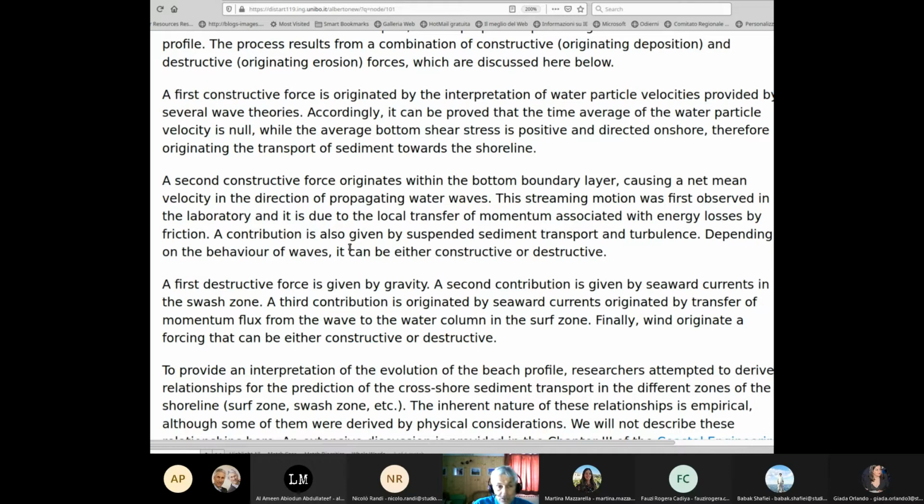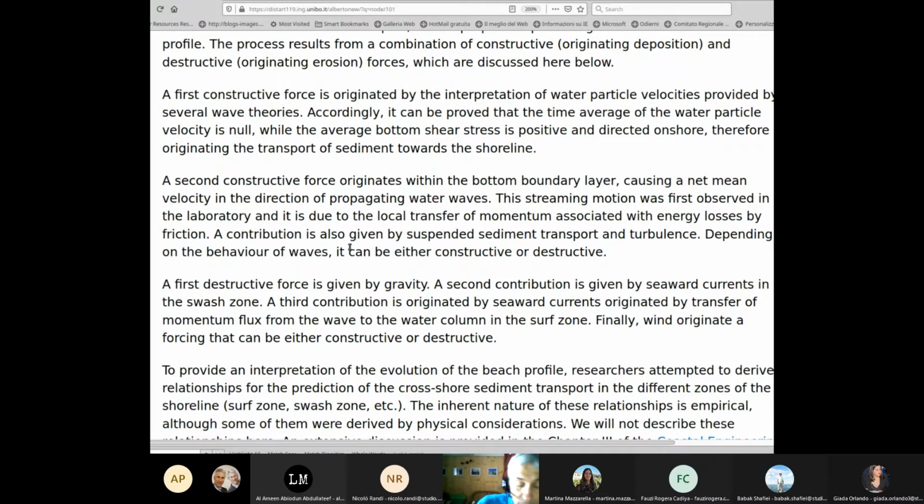So, in fact, the interaction with the bottom gives rise, in the vicinity of the bottom, in the so-called boundary layer, to a movement of fluid, which is given by the fact that there is some energy that is lost in correspondence of the sea bottom for friction, and this reduction of energy gives rise to a movement of fluid.